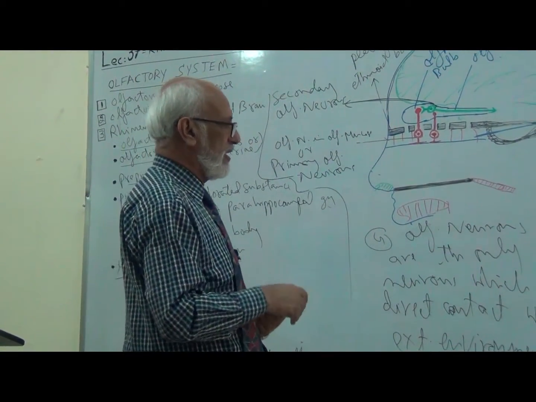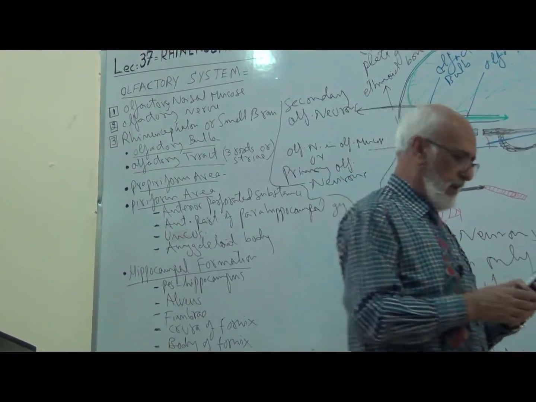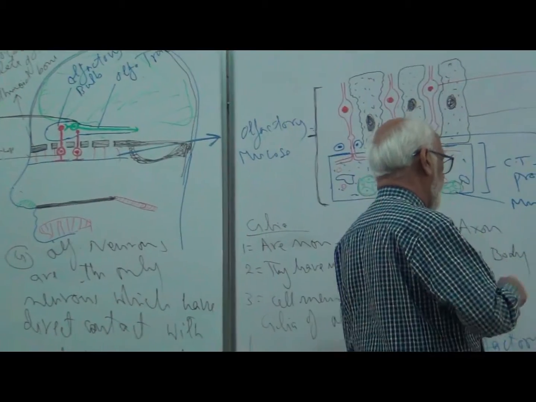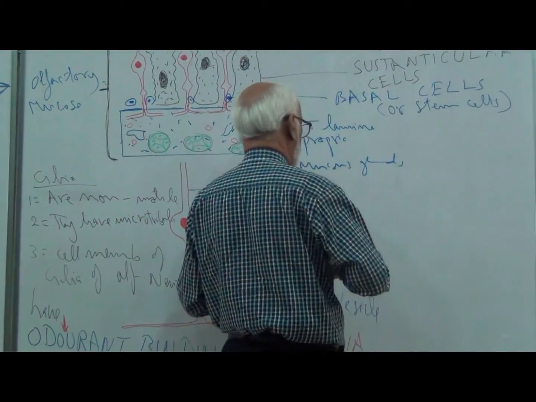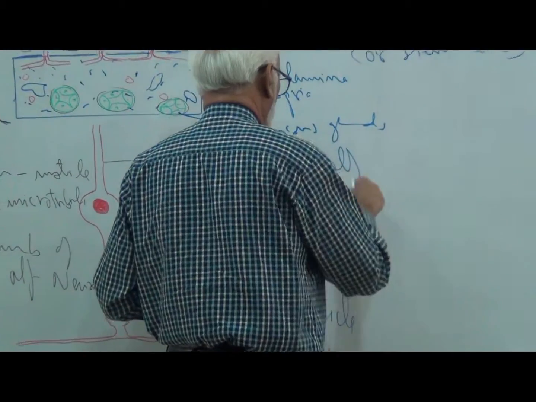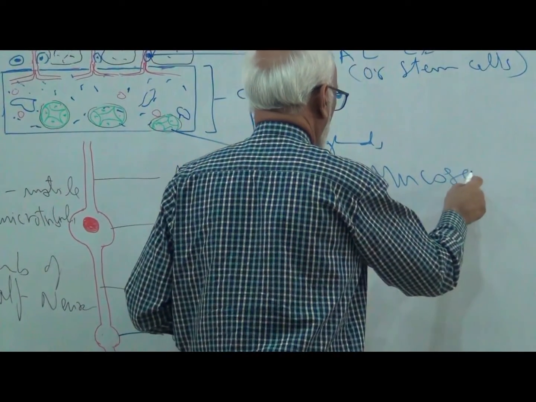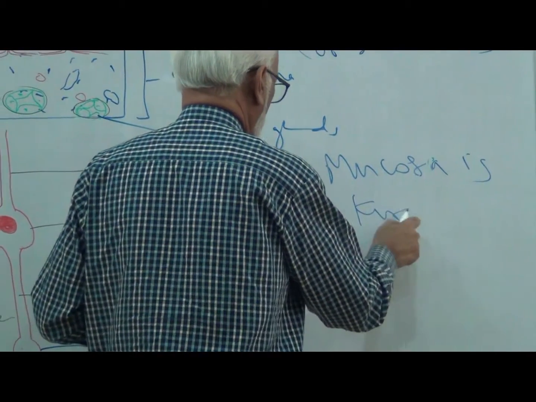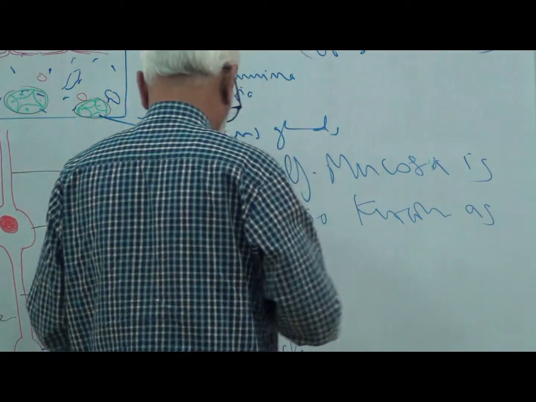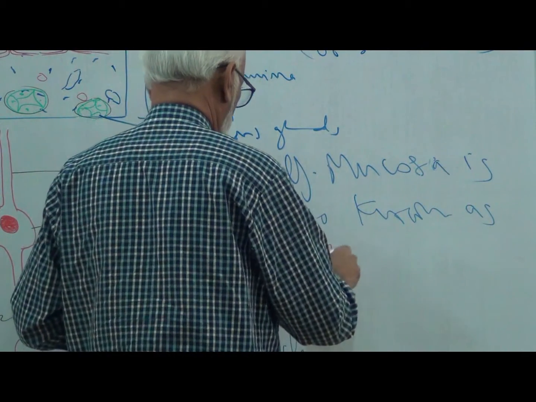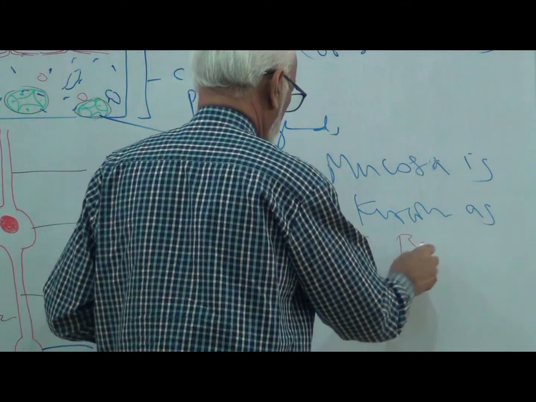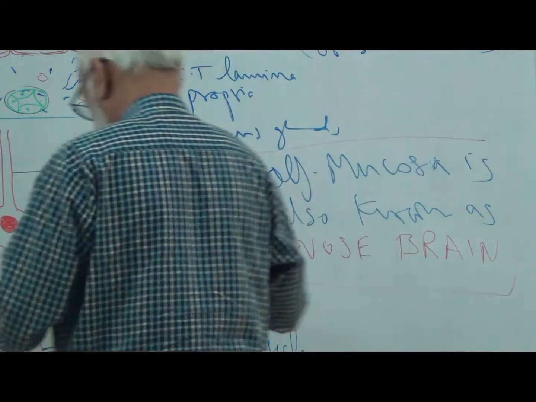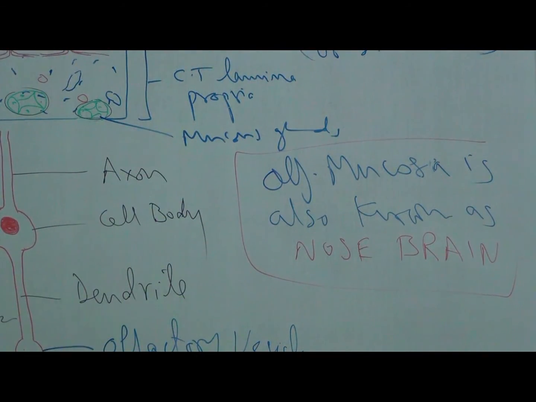Because these neurons occupy the olfactory nasal mucosa, which has olfactory neurons and the glial cells in the form of sustentacular cells, this is why the olfactory mucosa is also known as nose brain.